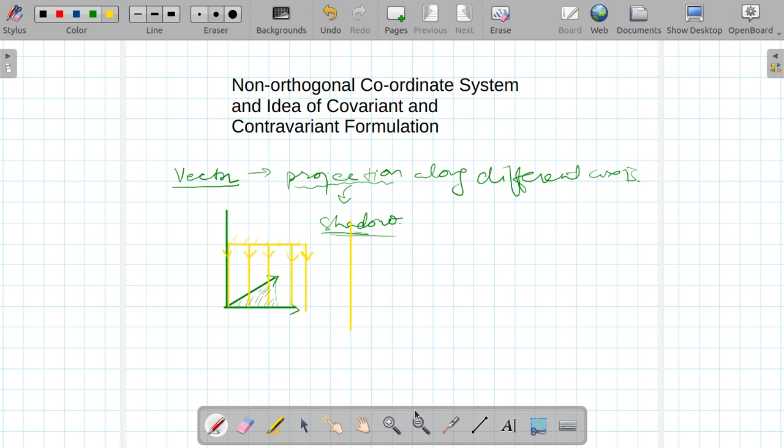The source is here and it sends rays in this direction, so light is coming in this direction.